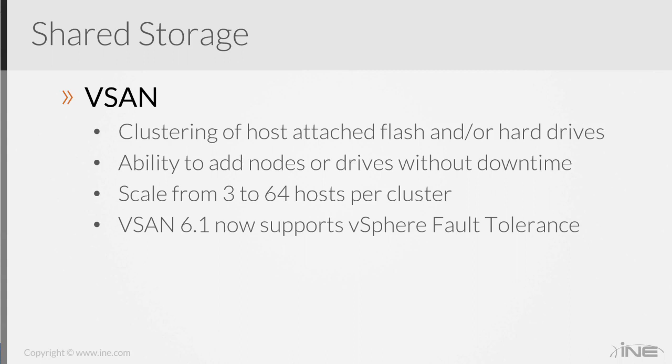So, to aid in the performance, each host that is part of the vSAN would require some sort of solid-state storage media for caching purposes. Maybe you have a RAID 5 array in each one of your ESXi hosts, but you would also require at least one solid-state disk for caching.